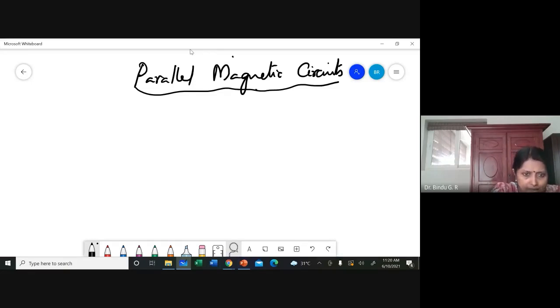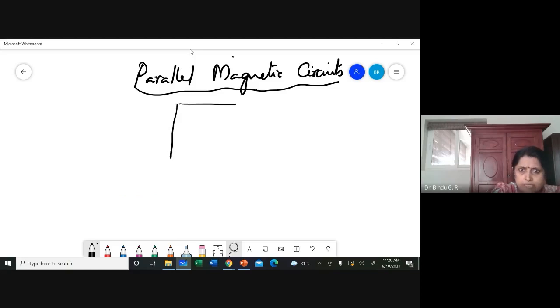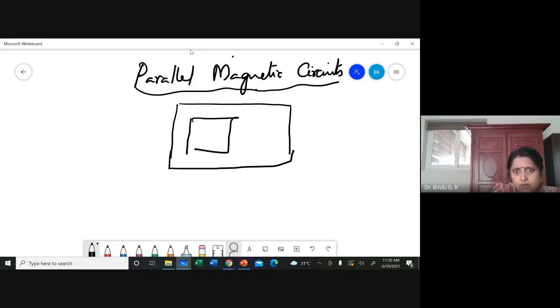In a parallel magnetic circuit, the circuit will be something like this. For easiness of drawing, I am drawing a core like this, with equal area, and suppose I have a coil wound like this. I am passing current I through this.